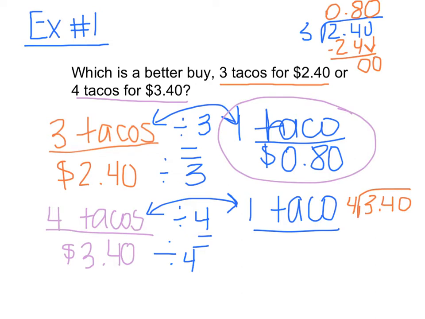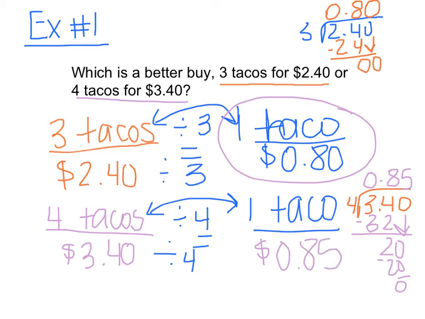Bring the decimal straight up. 4 can't go into 3, so we put a 0. 4 goes into 34 8 times, which is 32. We subtract and we have 2 left over. Bring down the 0. 4 goes into 20 5 times evenly. So for the second option, it costs 85 cents for 1 taco.